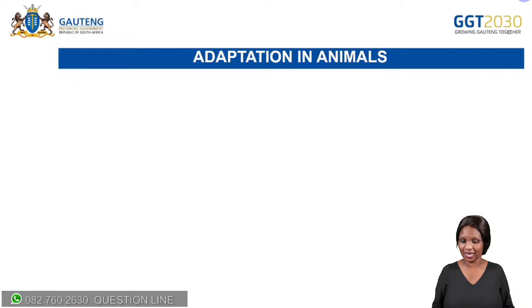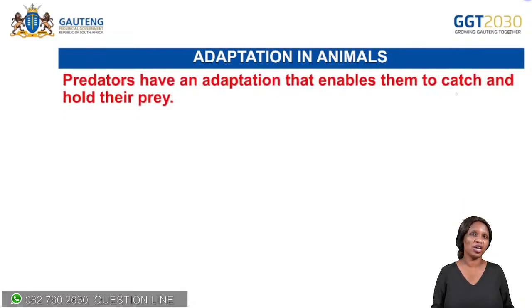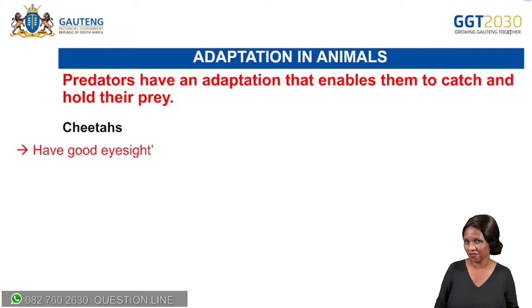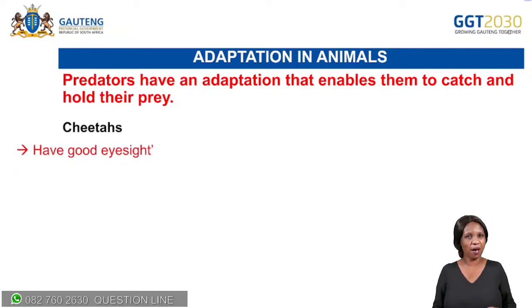And then predators have an adaptation that enables them to catch and hold prey. Why? All right, let's look at cheetahs. They can run very fast, all right? And their bodies are slim, but they've got long legs.